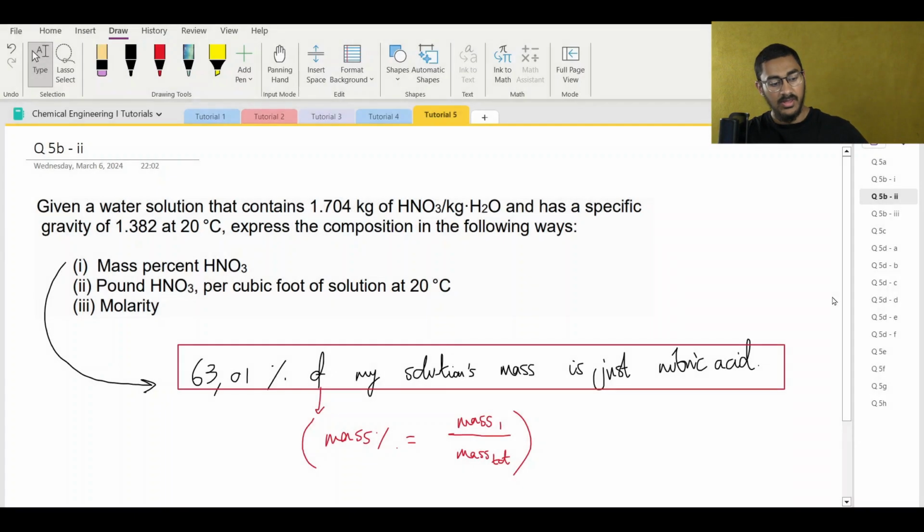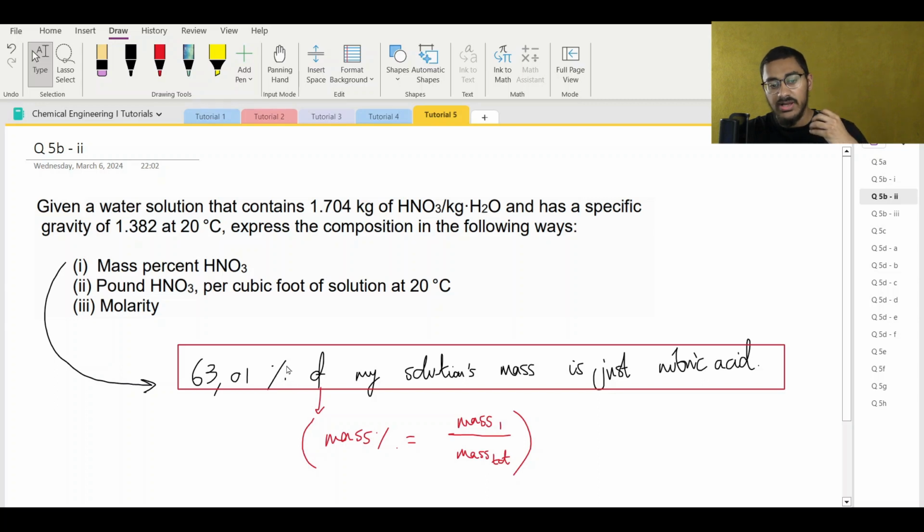All right, now let's have a look at question 5b, part 2. In the first part of the question, we said that the mass percentage of nitric acid in this solution is 63.01%. I want to ensure that you understand what this means.